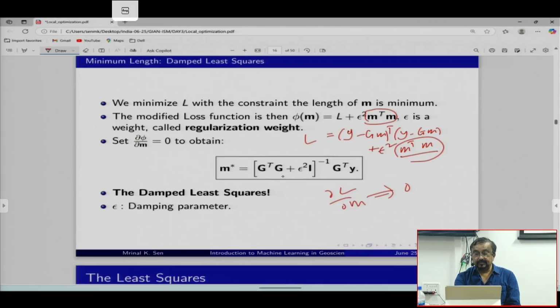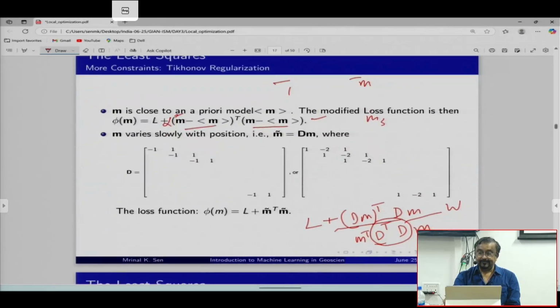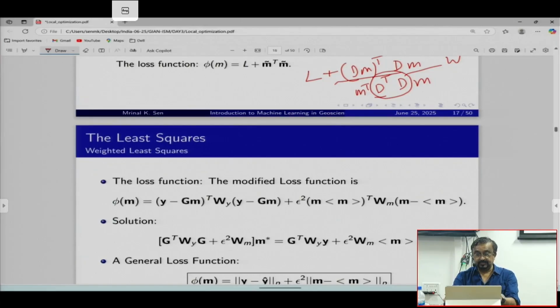So earlier we had only G transpose G, and so D is this Y actually. Okay? So it's outside. So this is inverse operator. Yeah, I'm sorry for using different notations, but you have to be familiar with this notation also, because this course is about both inverse theory and machine learning. Okay?